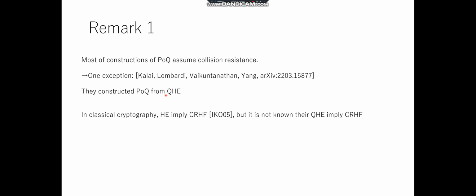However, in their quantum homomorphic encryption, they consider only specific types of quantum operations, and we don't know whether their restricted quantum homomorphic encryption implies collision-resistant hash functions or not.